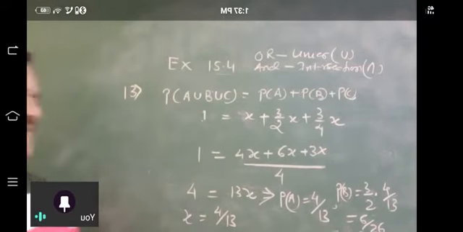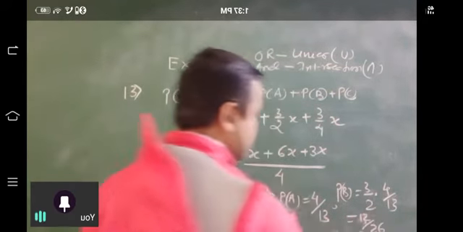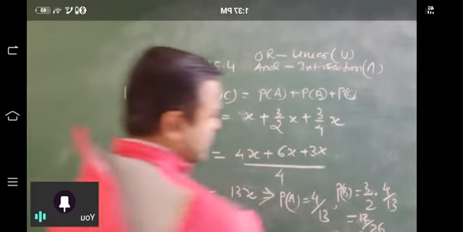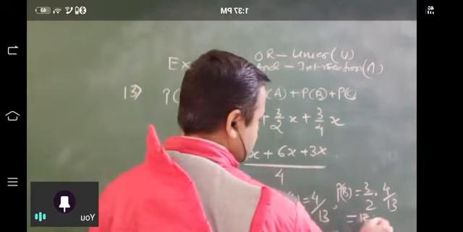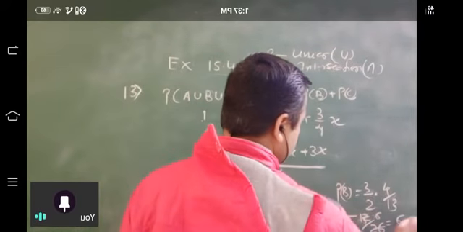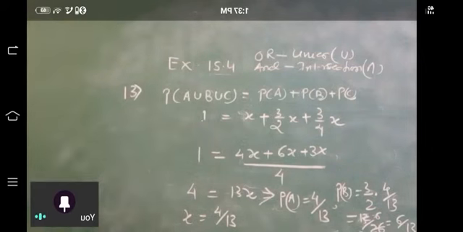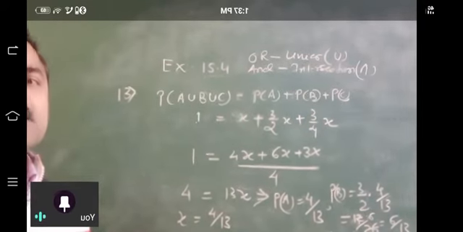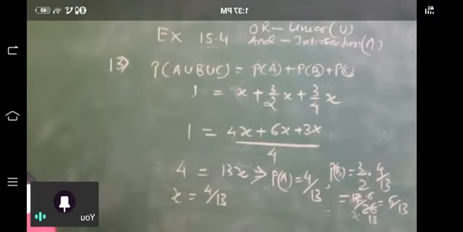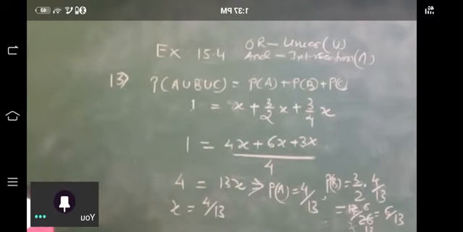Sorry, 12/26. You can cancel by 2: 2 sixes are 12, 2 ones are 2, 2 threes are 6. So 6/13 is the probability of B. You may see here the probability of B is 6/13.